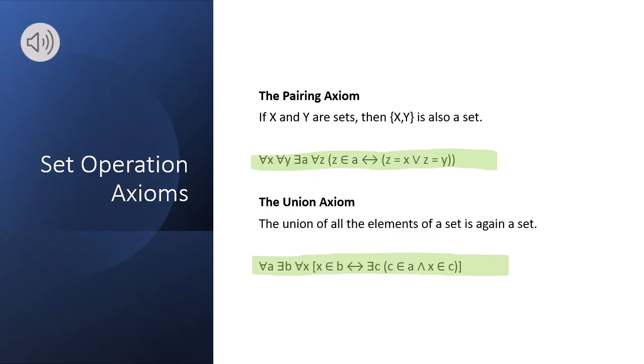And we'll see that in our next slide and how it's used to construct the union of just two sets. You have to use both the union axiom and the pairing axiom in conjunction with one another to get the union of two sets. Okay, so again, these are axioms that assert the existence of a set given some other sets.